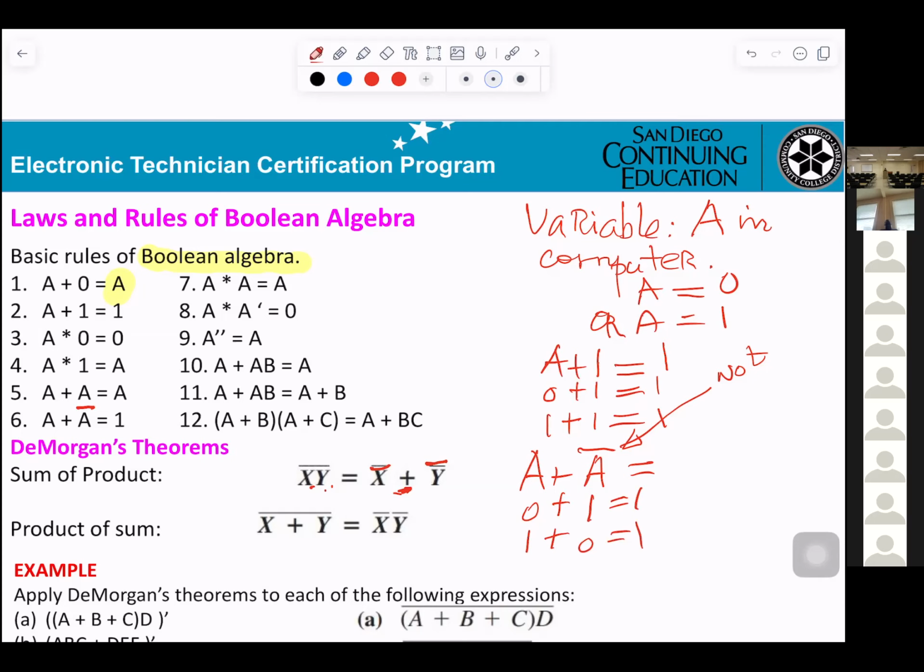And you get a 1. So that's why you can see here A or not A equals 1. Okay? And so on. Not not A equals A.